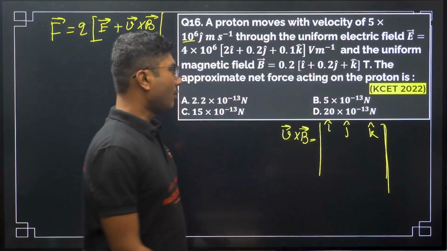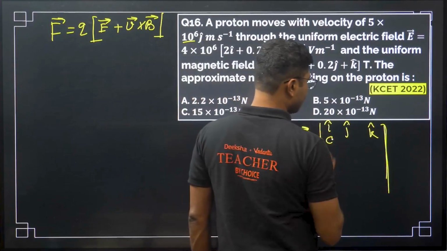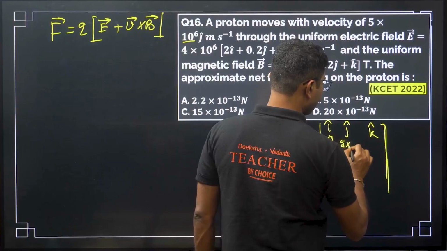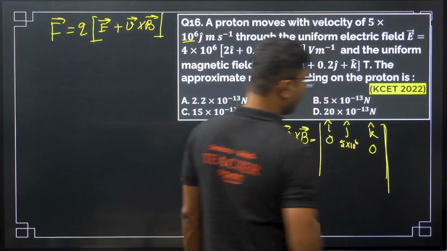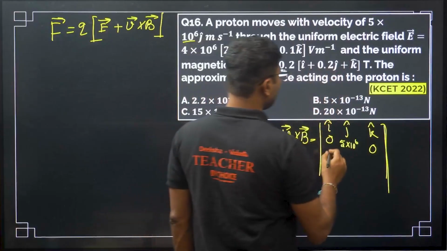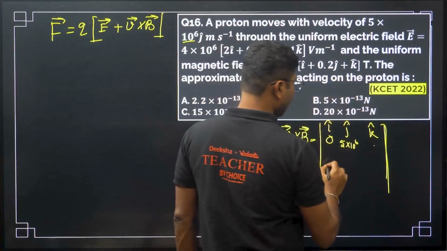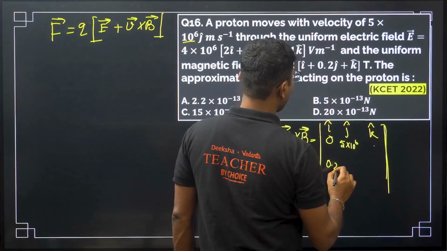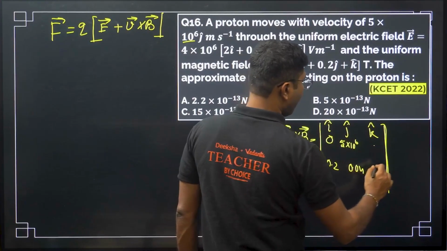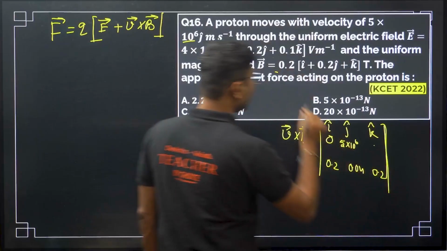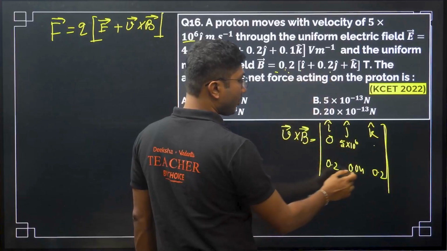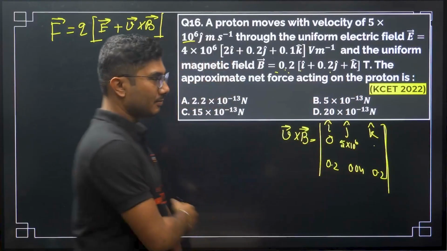There is no i component, so i is 0, only one j component, 5 into 10 to the power 6, and there is no k component, so it will again be 0. And B will be, if you multiply everything, 0.2, 0.04 and 0.2.